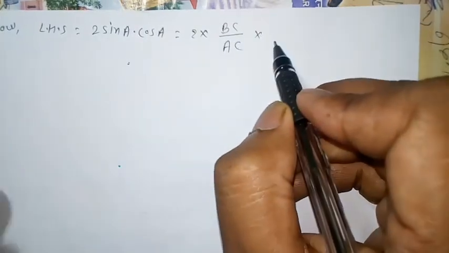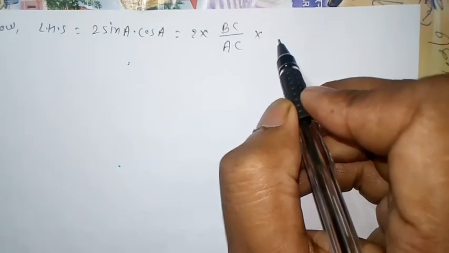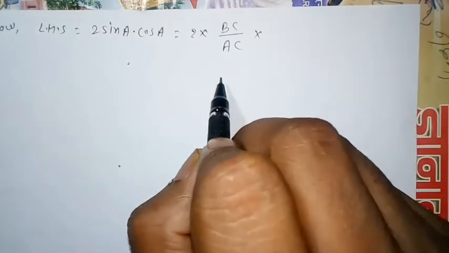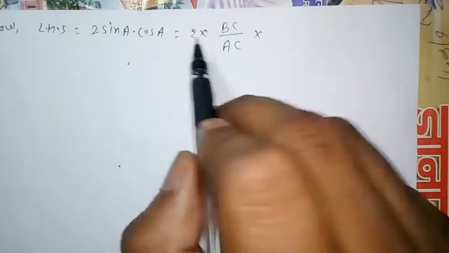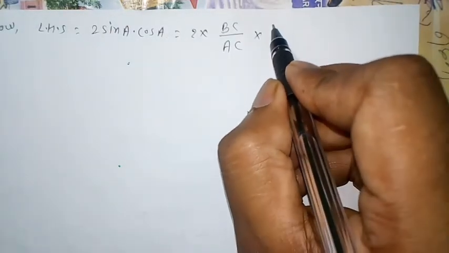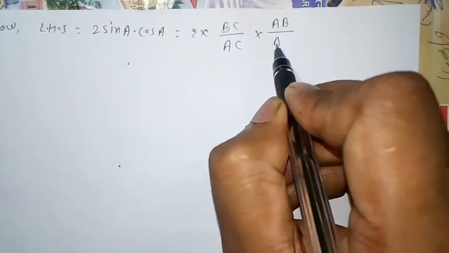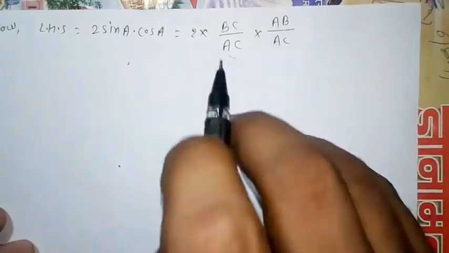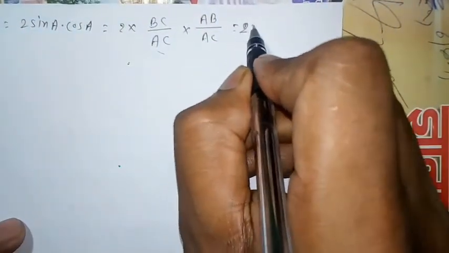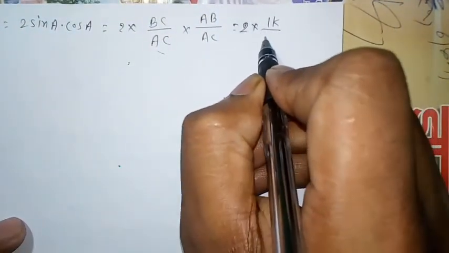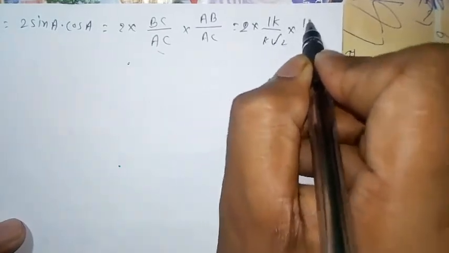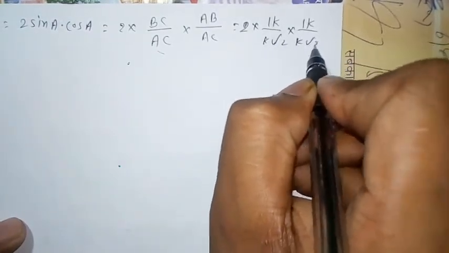Cos theta is equal to base by hypotenuse. For angle A, AB is the base and AC is the hypotenuse. So it is 2 into 1K by K root 2 into 1K by K root 2.